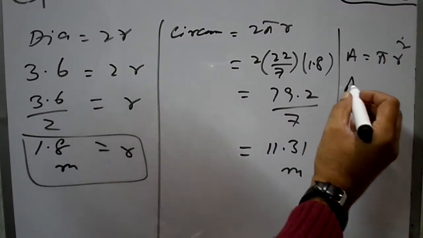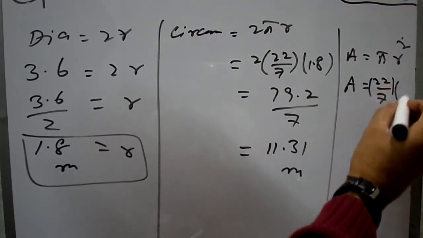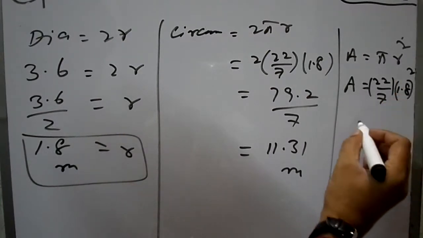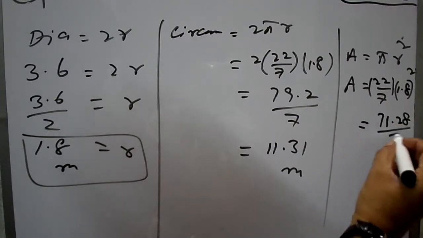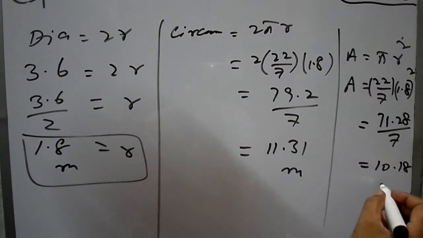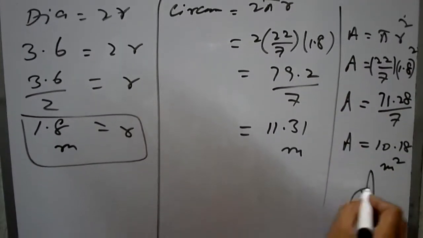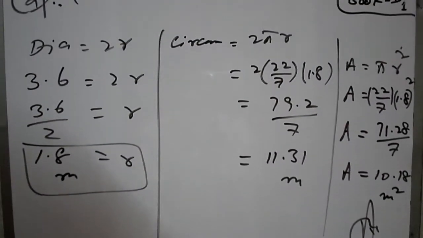So area is equal to pi, that is 22/7, and r is 1.8. So after simplification, 71.28 divided by 7 is equal to 10.18 meter square. So that is your area. So that is your result. Now coming to the question number 3.